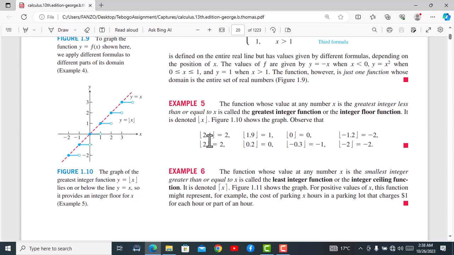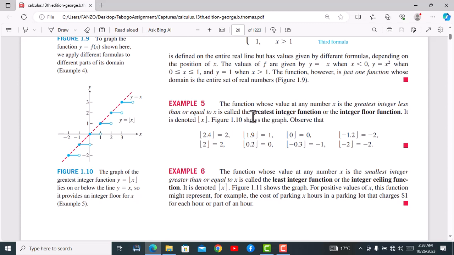You can have an x value that is greater or equals to the output. So when you have 2.4 and you get 2, because this 2 gives you a value that is less than or equals to 2.4, therefore this is the greatest integer function. As you can see here, for 1.9 we get 1. So 1 is less than or equals to 1.9.